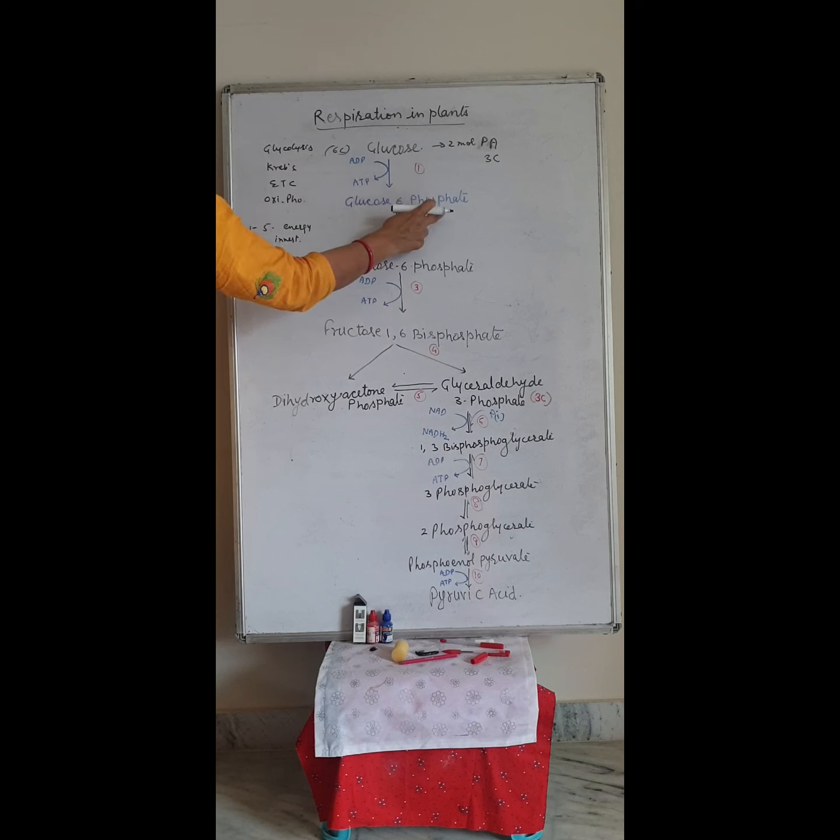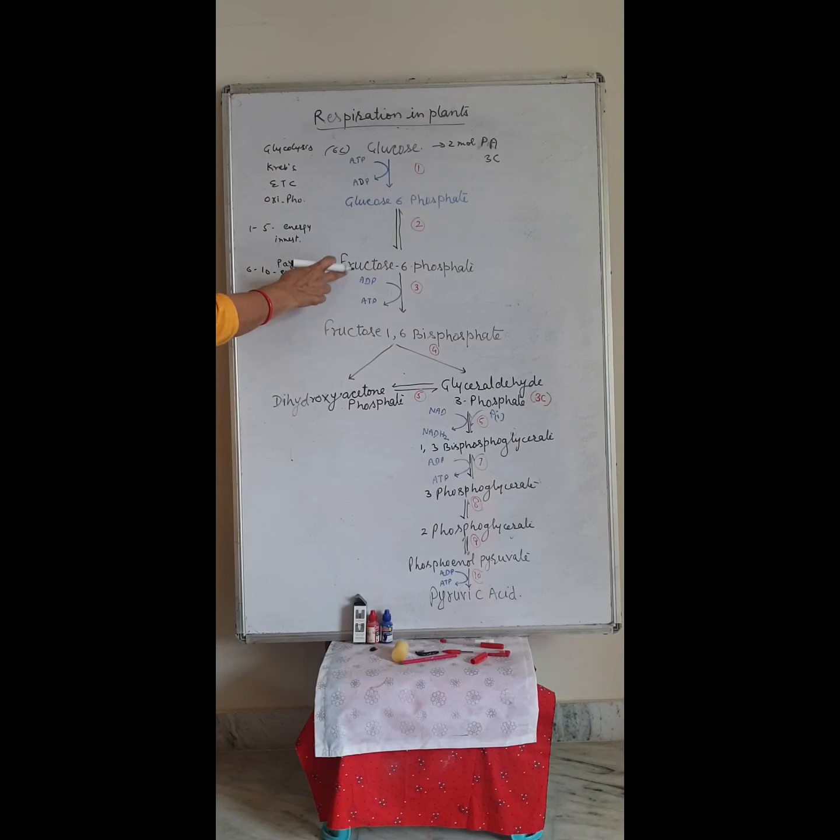From where has the phosphate come? It has come from the ATP. ATP is converted into adenosine diphosphate and 1 phosphate released from the ATP is added to the glucose. So glucose 6-phosphate is formed.